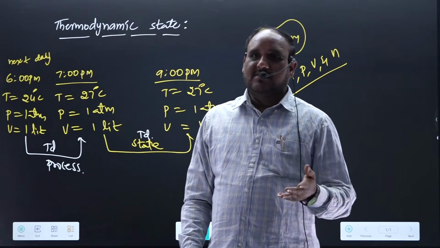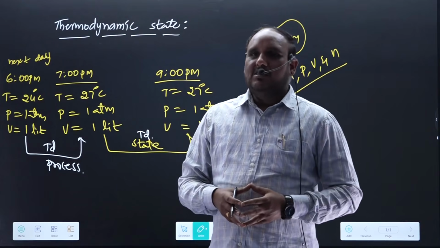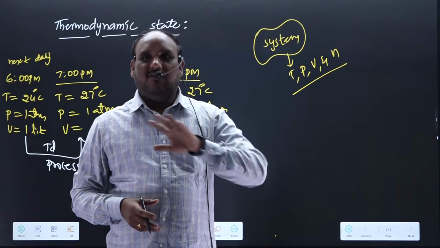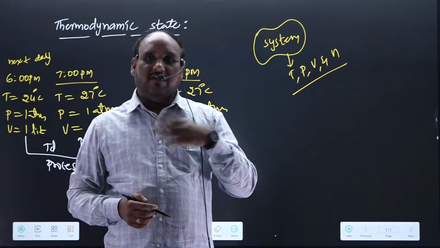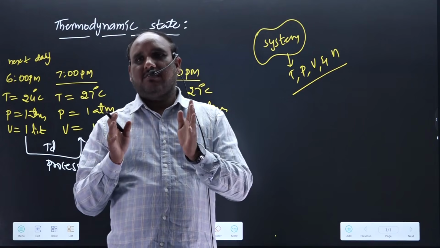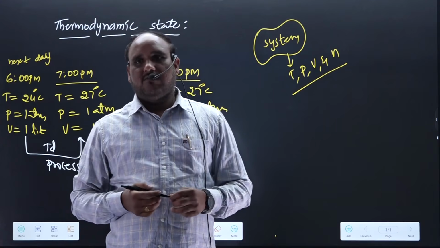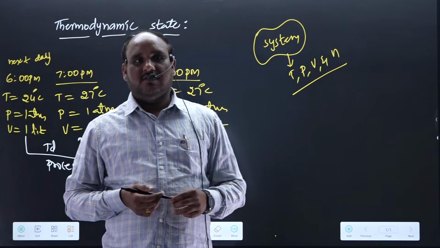So clearly understand what is meant by thermodynamic state. The properties we have considered for the system remain constant with respect to time. Even if time changes, all those properties remain constant. Therefore that system is said to be in thermodynamic state, right?